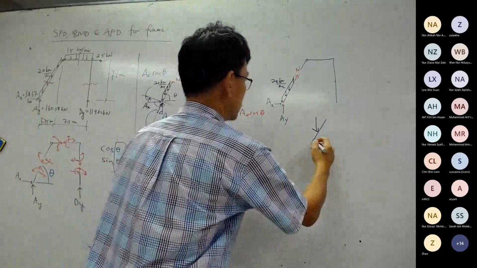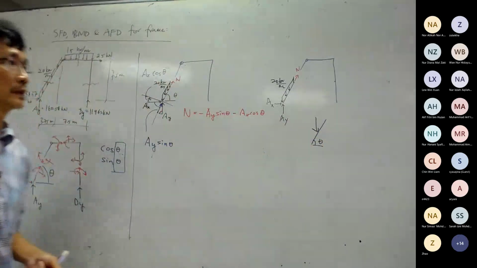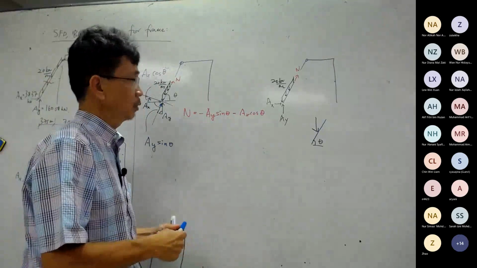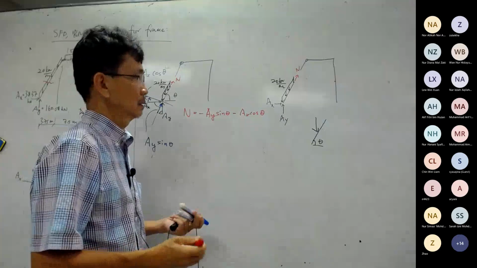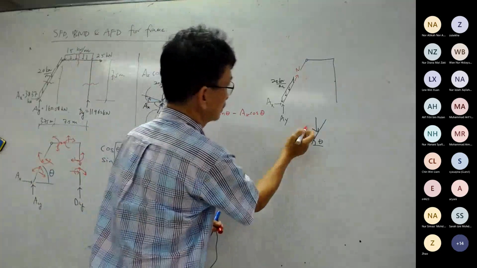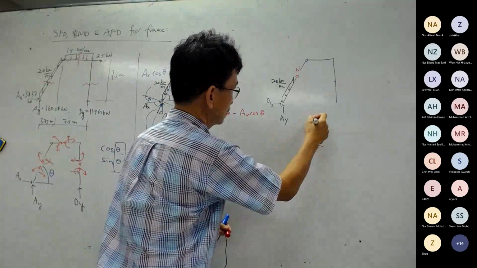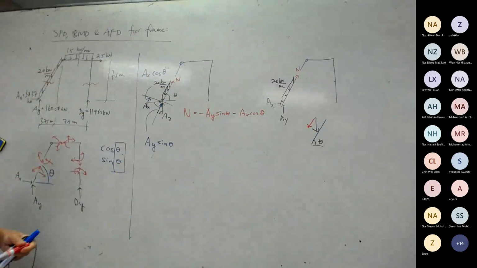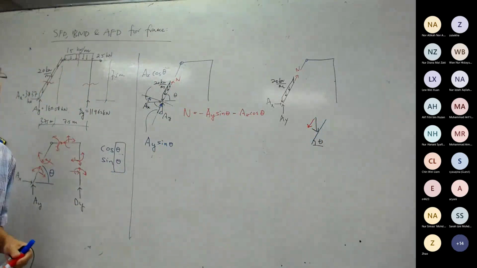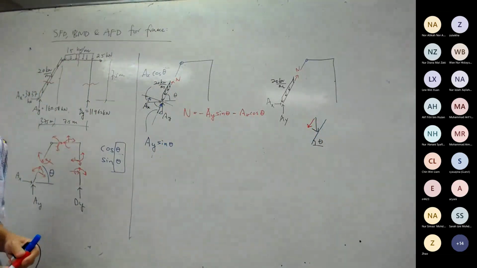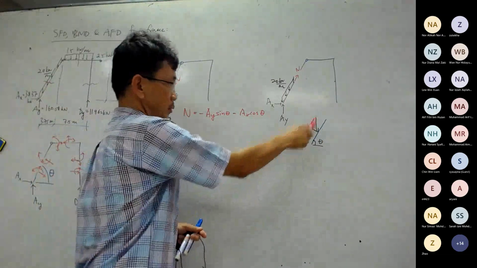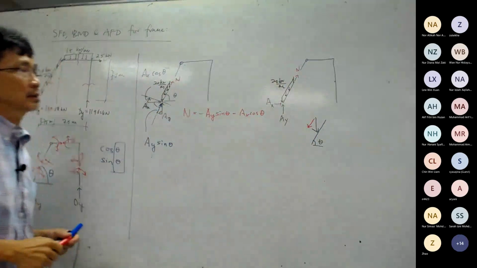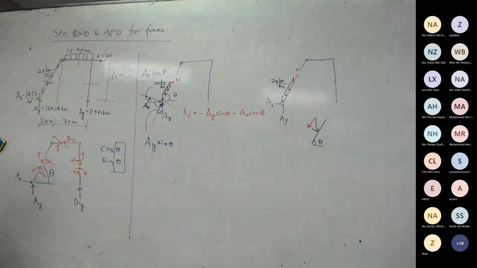And this is angle theta. You need to get the component of this. You need to get that component. This is 20. So what is this? And that is the one that will affect the axial force.